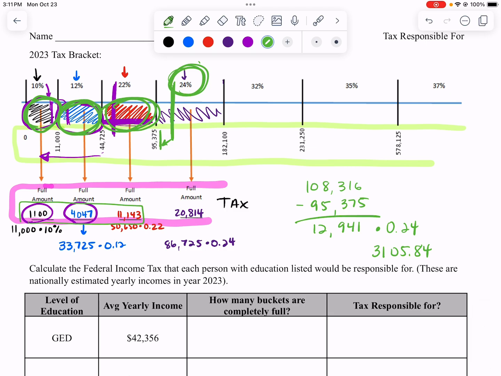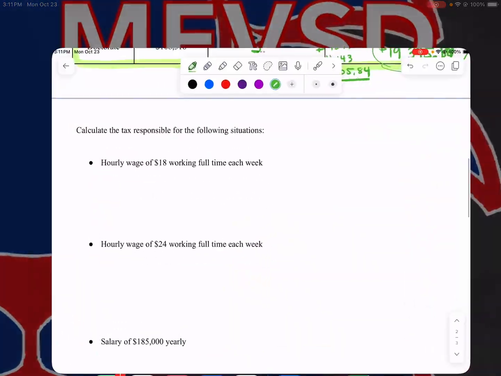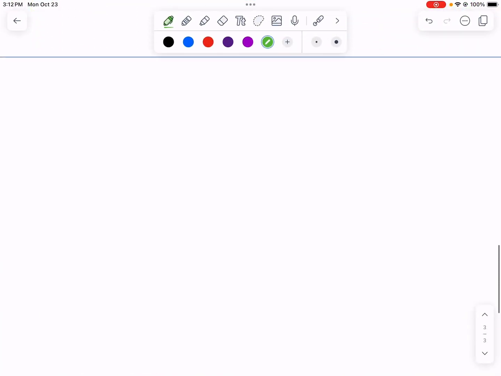Okay, once you figure that out, the extra thing that we added in today is what's called a deduction. Okay, so a deduction in 2023, you can either itemize your deductions, which means this is a choice.